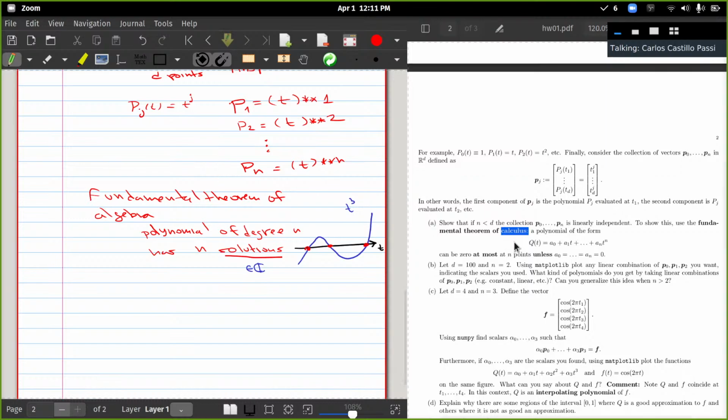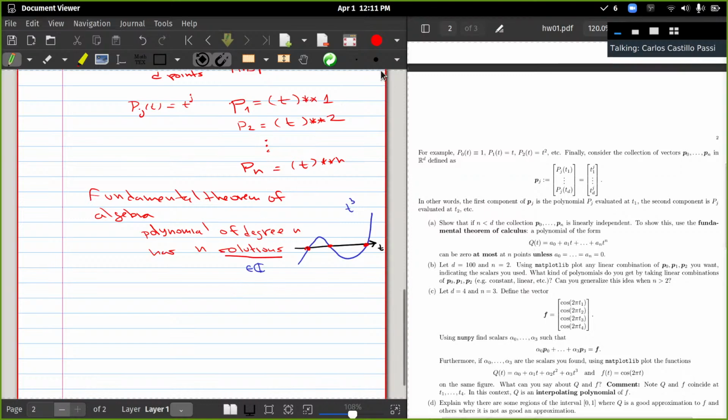So basically what the question is saying is try to prove that when this happens, the collection is linearly independent. And how to do it? You need to use this. Okay?